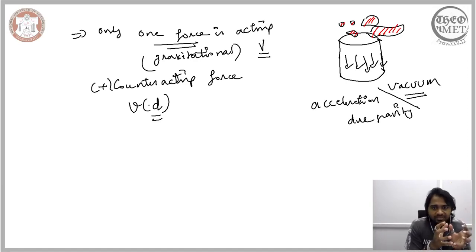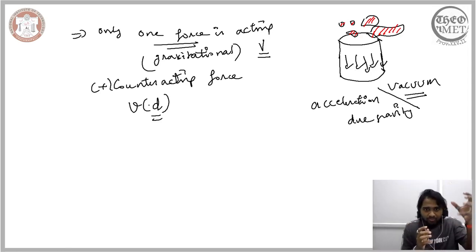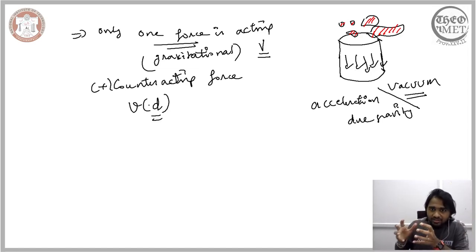Now in this case, it is possible for us to reasonably assume that the bowling ball will reach the ground faster than the feather, because in the natural instance, in the absence of a vacuum, in the presence of air and other factors, we have a counteracting force, a friction that prevents the feather from moving as fast as the bowling ball.